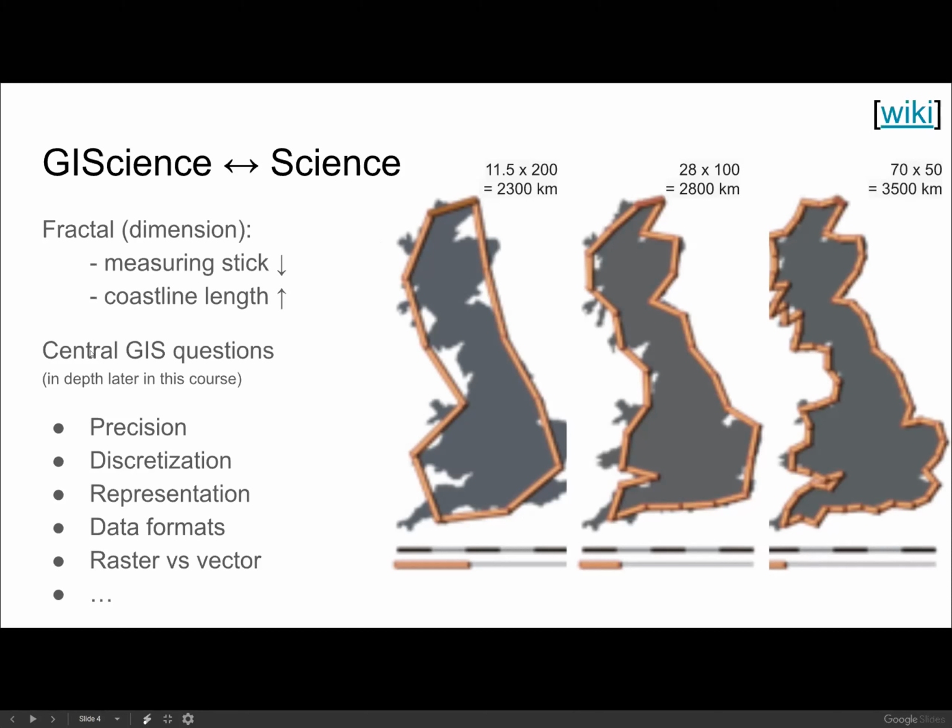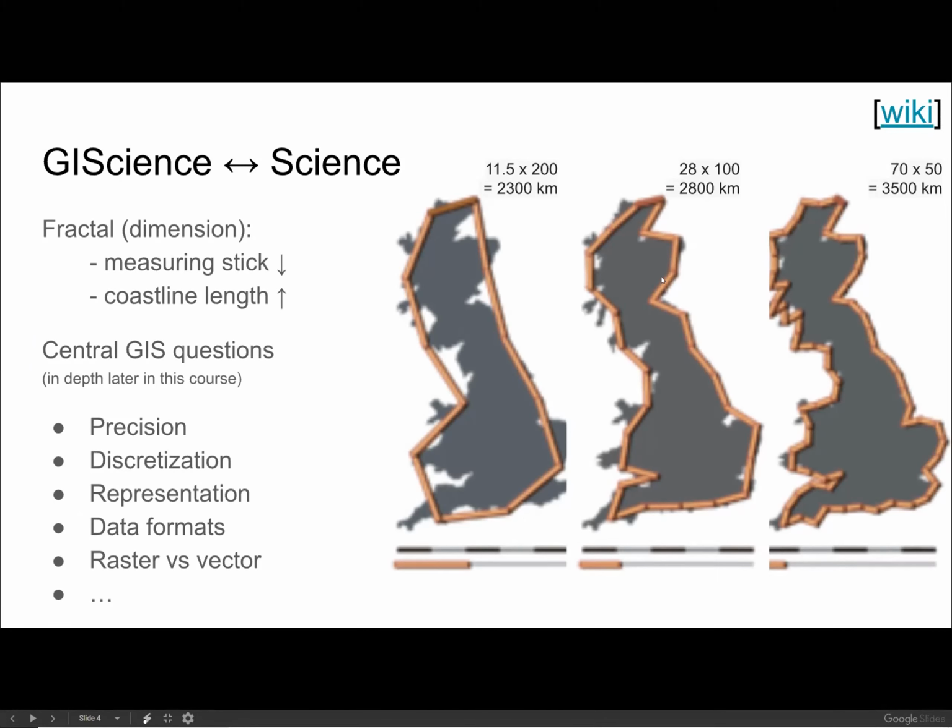but it does bring us to a question which is quite central in GIS, and that's the question of discretization or precision, rasterization, whatever you call it, looking at the data in different formats. What precision should you use for your data in order to get close to reality, and how far from reality are you when you're using different precisions?